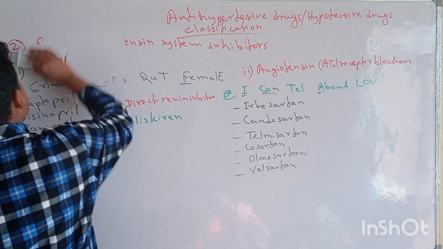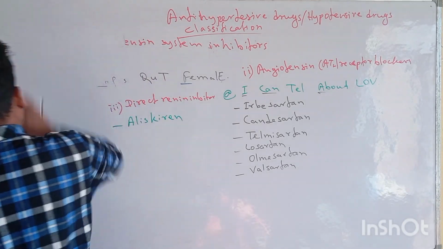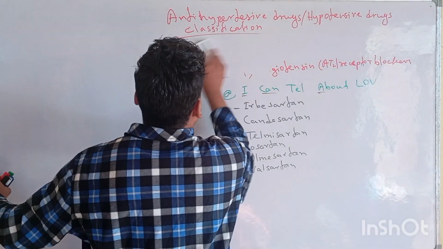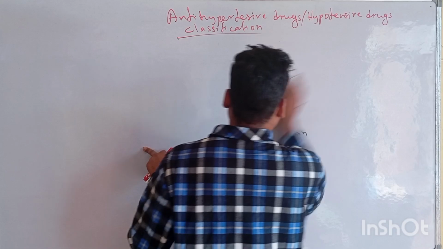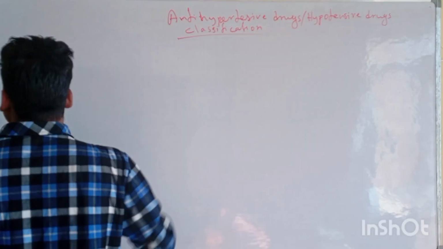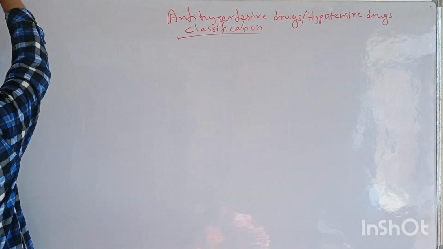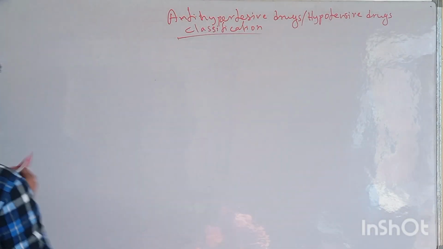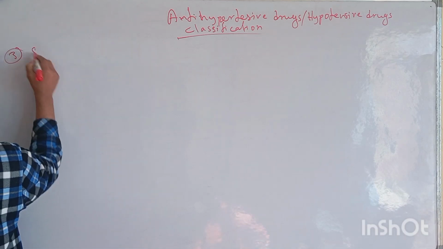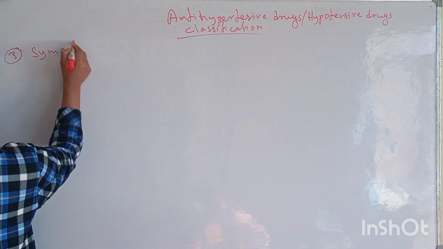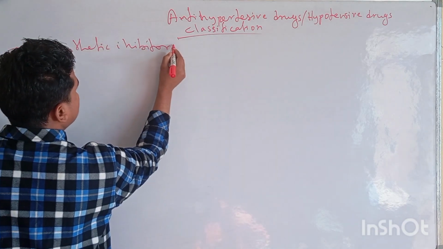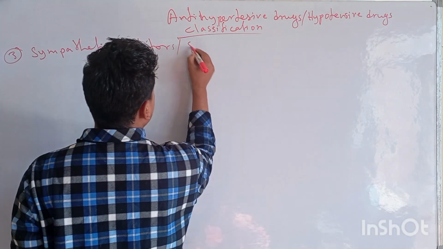Moving forward, on type 3. Type 3 will be sympathetic inhibitors, or you can call it as sympatholytics.